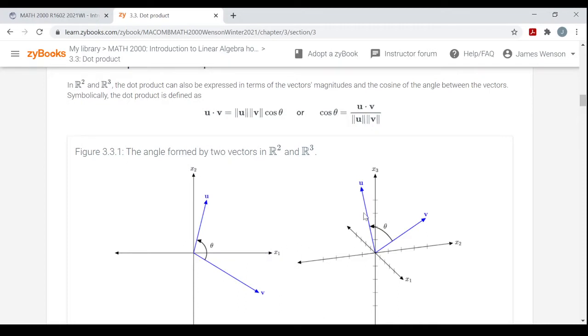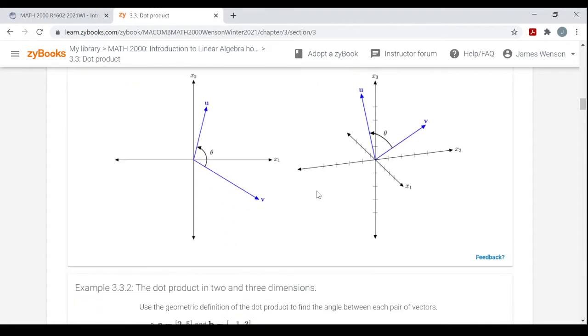Again, here in 3 dimensions, two vectors. Again, you see there's a large angle if I wrap around this way, but we're talking about the smaller angle formed between them. So this angle measure theta is going to range from 0 degrees to 180 degrees, or from 0 radians to 180 radians.